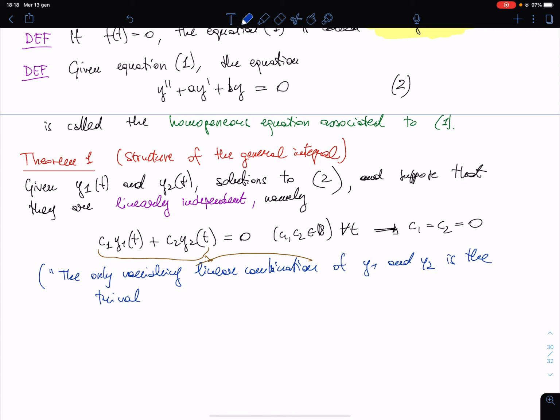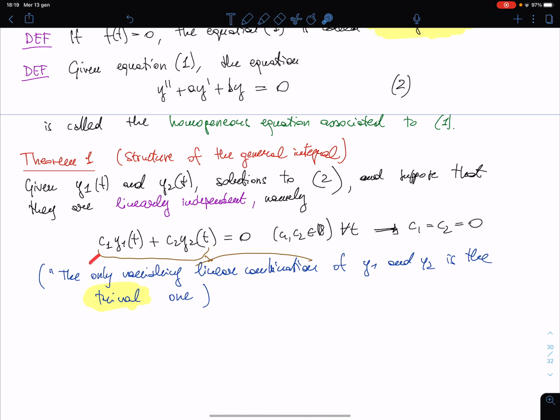Trivial because the two coefficients that I have to use are both 0. On the other hand, you see there are these two functions, y1 of t, y2 of t. I want to combine them linearly, namely by these structures, associating to every function a coefficient and then summing the two results.